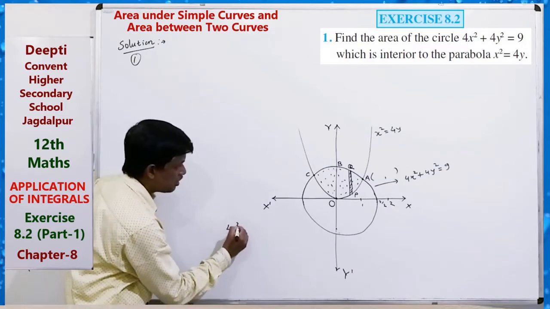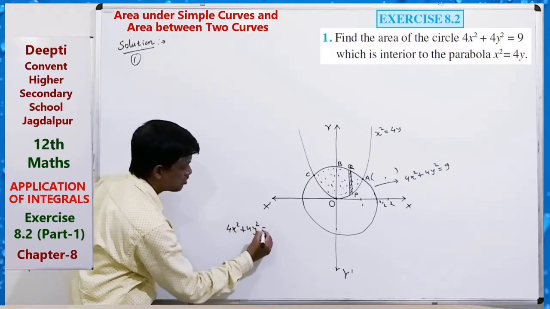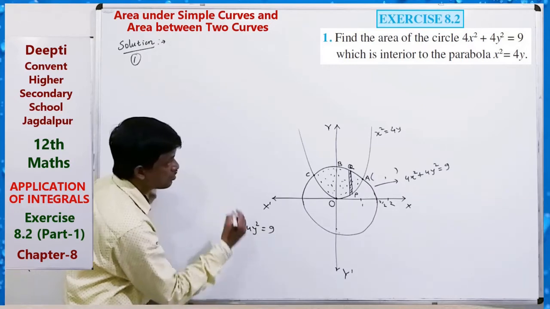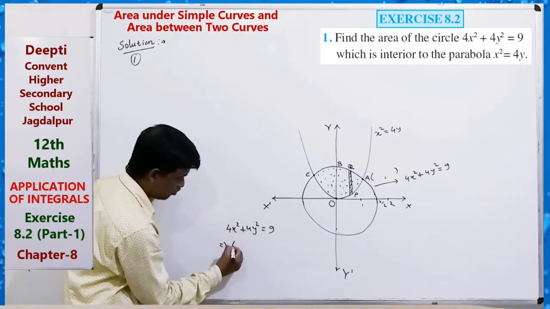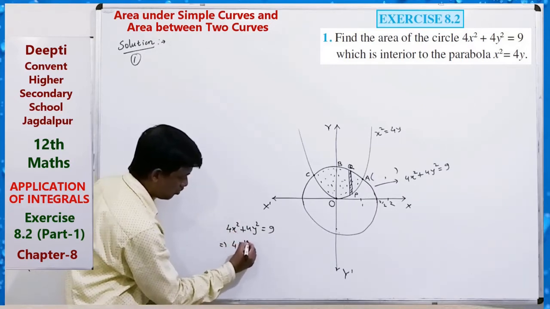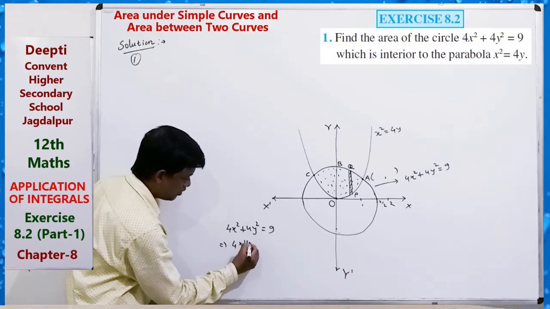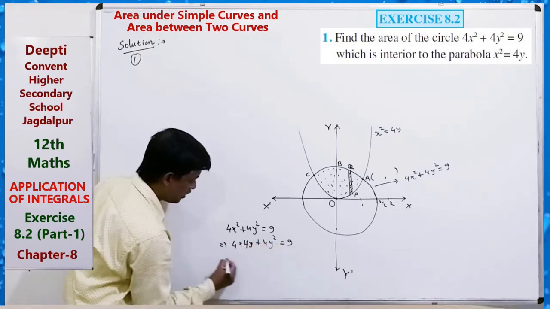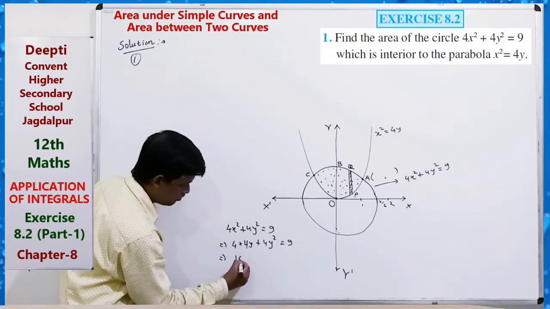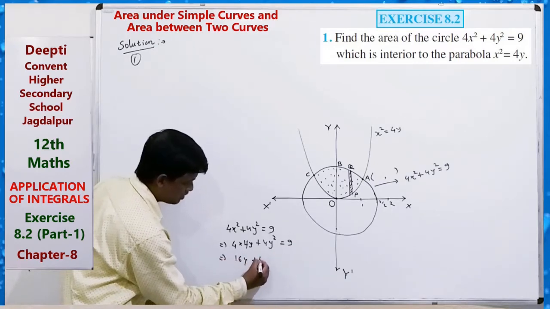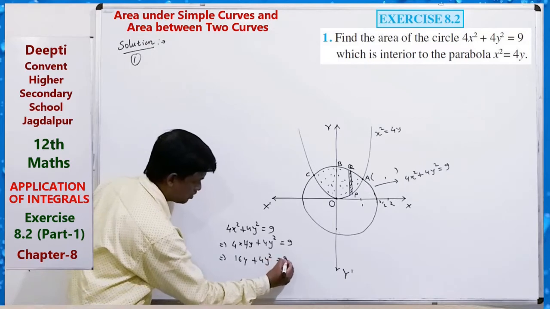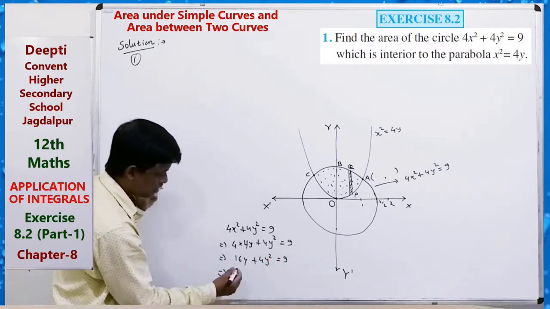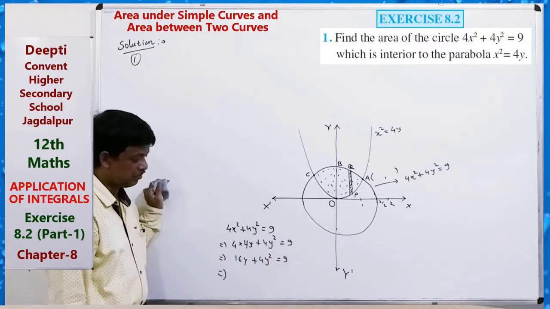So we can solve like this. 4x square plus 4y square equals 9. Here x square equals 4y, so 4 into 4y plus 4y square equals 9. So 16y plus 4y square equals 9. By solving this we can get the value of y.